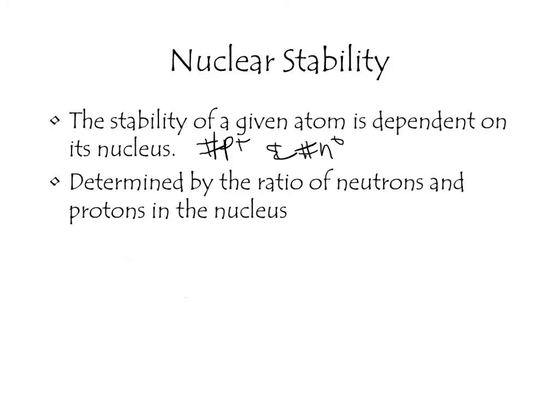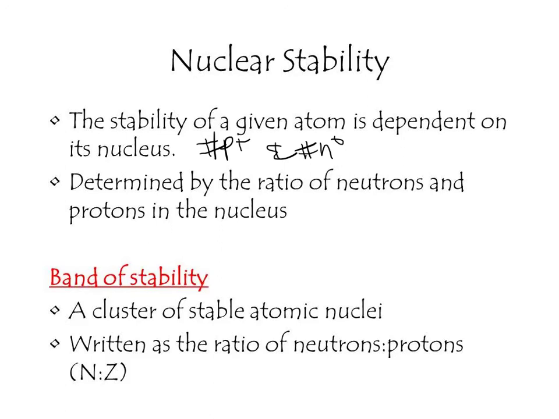So this is what we would like to call the band of stability, and the band of stability is a graphical representation that shows you where the cluster of stable atoms lie, and it's typically written as the ratio between neutrons and protons.